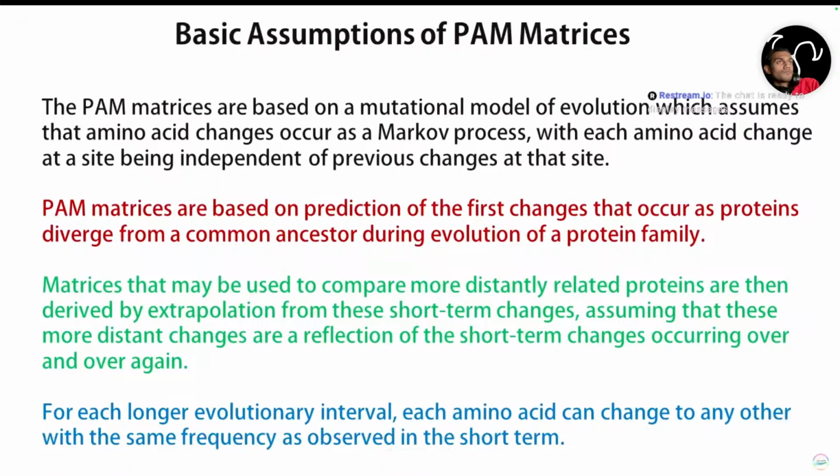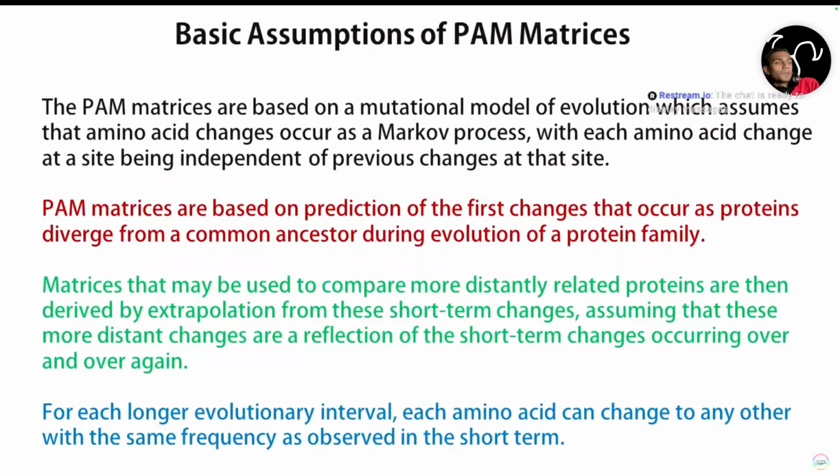PAM matrices are based on predictions of the first changes that occur as proteins diverge from a common ancestor during evolution of a protein family. Matrices that may be used to compare more distantly related proteins are then derived by extrapolation from these short-term changes, assuming that these more distant changes are a reflection of the short-term changes occurring over and over again.